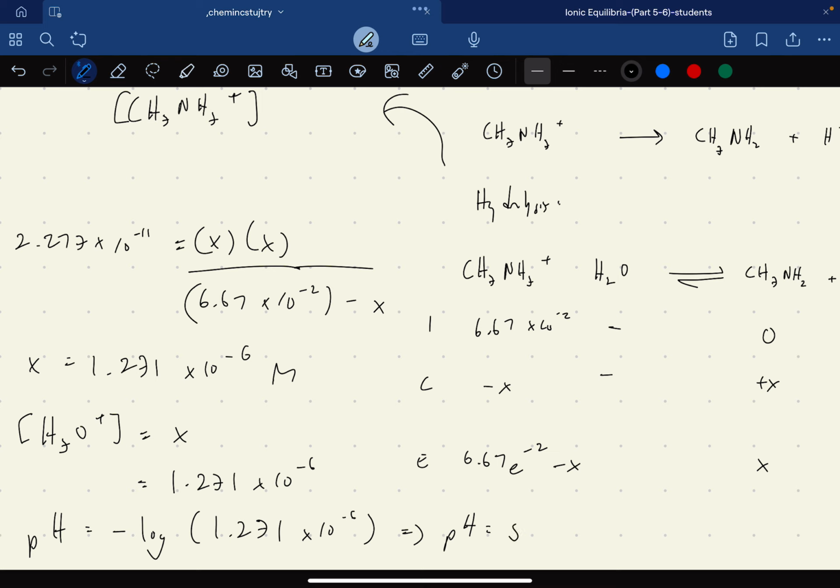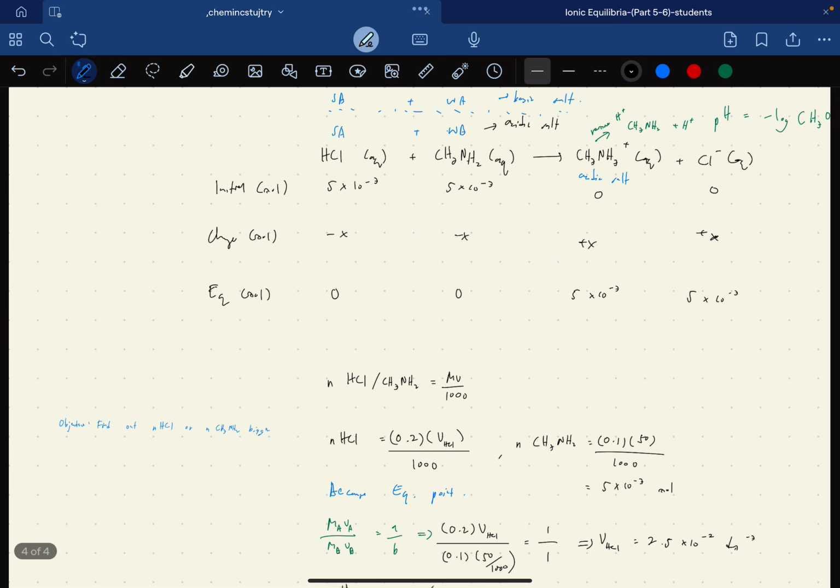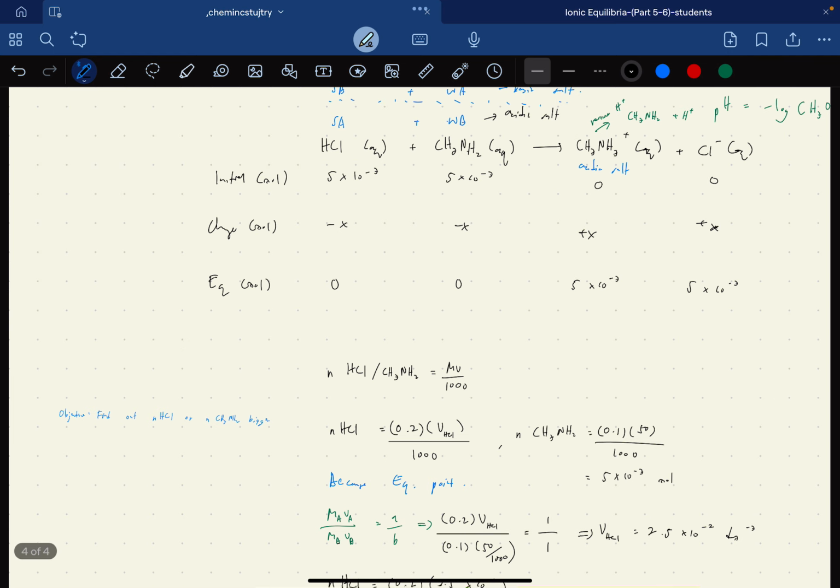So we get 5.91. Tada! Does it make sense? Since they ask us to find the pH, and since it's an acidic salt, it should be slightly acidic. Okay, I'm pretty sure that's the answer. If I'm wrong or anything, I'll let you know. But that's how you do it.